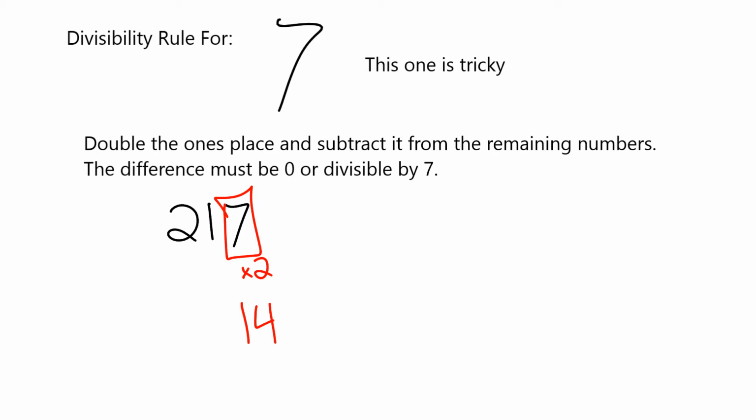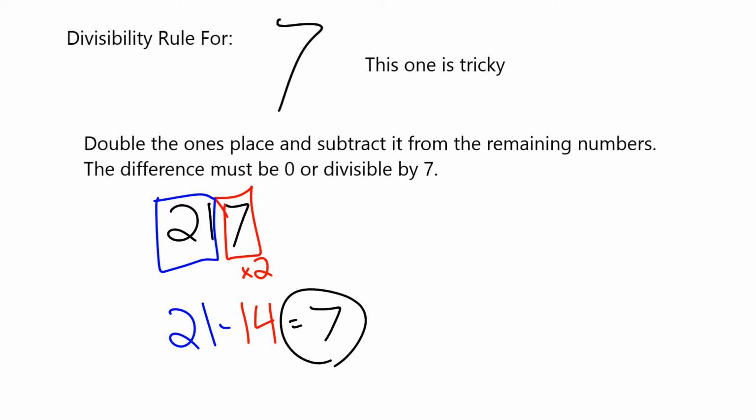Also, look at the remaining numbers, which make 21. Subtract your two numbers, the 21 minus 14. If the number you get when you subtract is either 0 or divisible by 7, then so is the number you started with, 217.